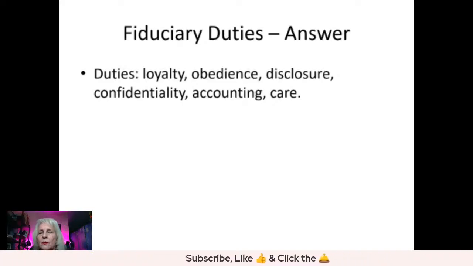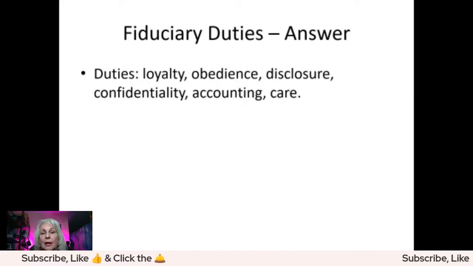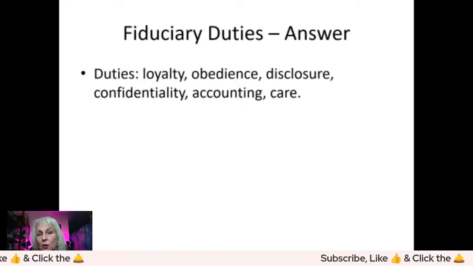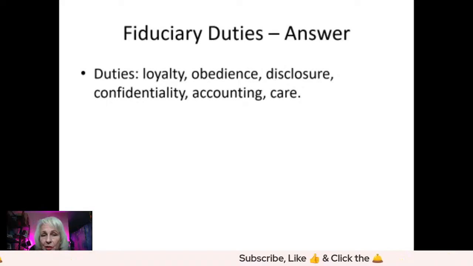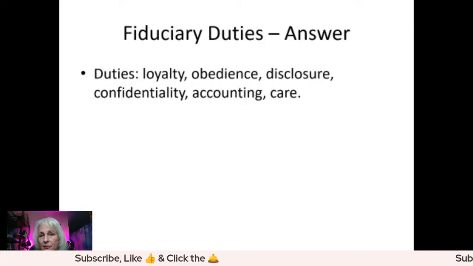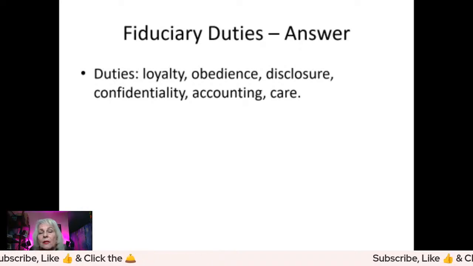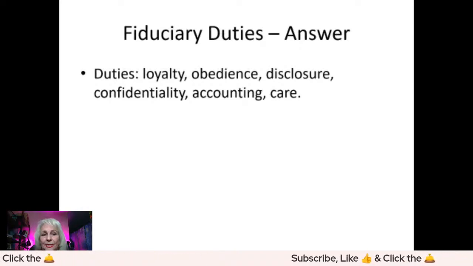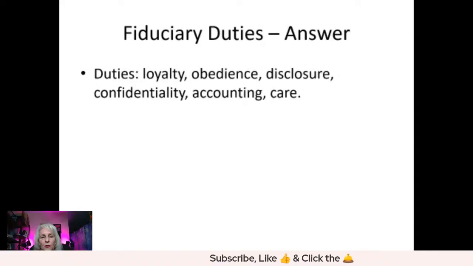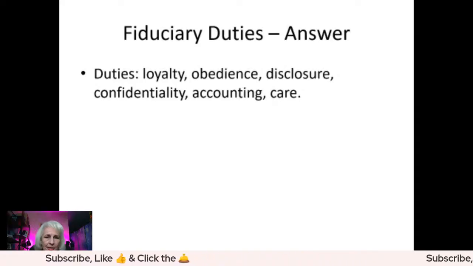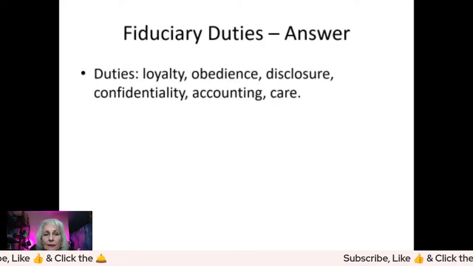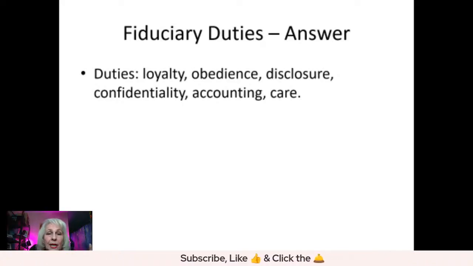Confidentiality. During the agency agreement, we have to have confidentiality of that owner. Even after the relationship is ended, a transaction closes or a lease is completed, the confidentiality still stays in place. Okay. Accounting of all activities and expenses that we deal with that client, with that agency relationship, and caring for them.